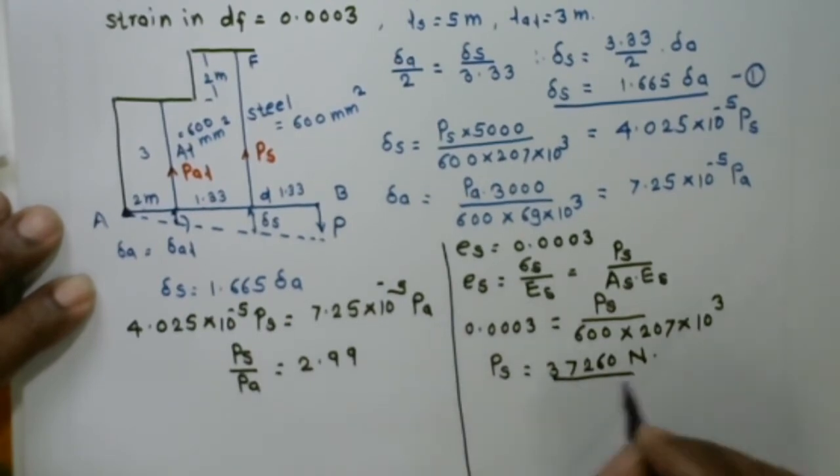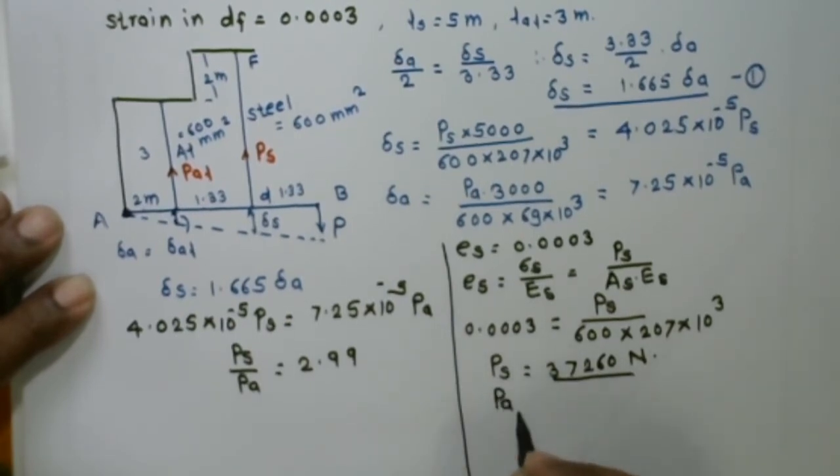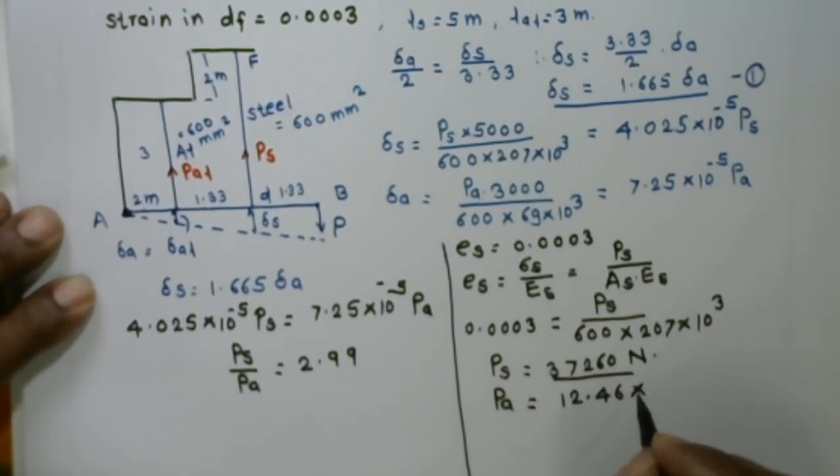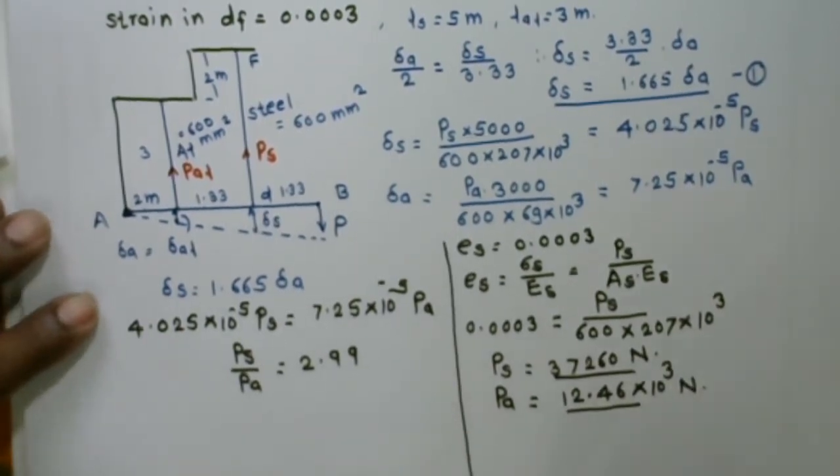On that side you may calculate PA also. You put this value in above equations, you will get 12.46 into 10 raised to 3 Newton. So PA known, PS known.